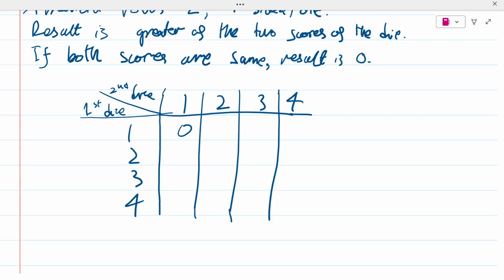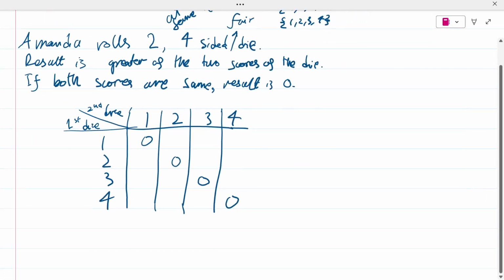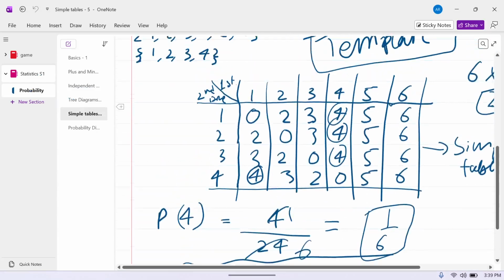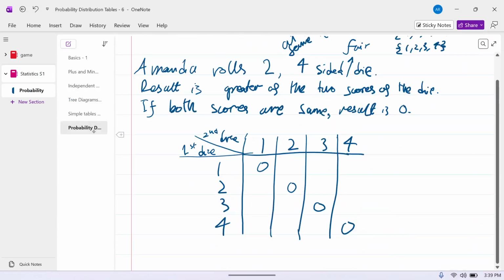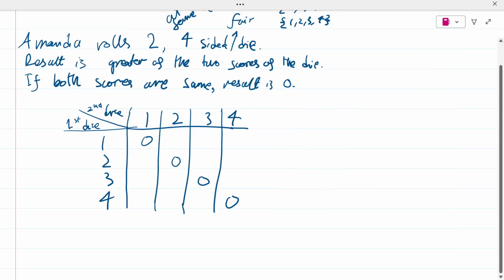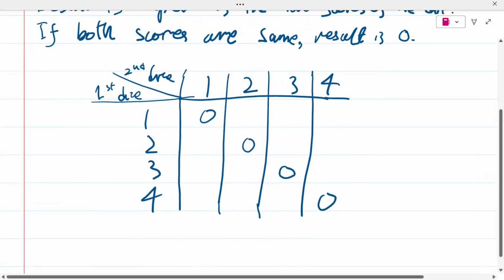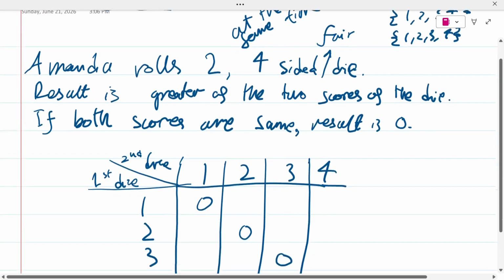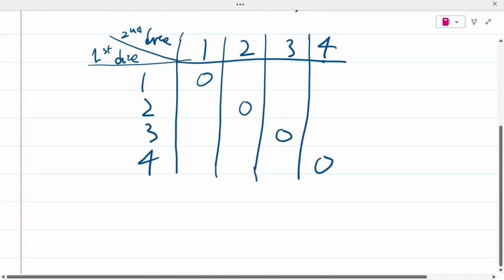I'm not going to explain what I'm doing right now in a simple table, the reason being we've already done it in the last lecture. I'm not going to explain much because this is not the topic. If you really want to know what a simple table is and how to solve these kinds of scenarios, do check out the previous video on my channel.